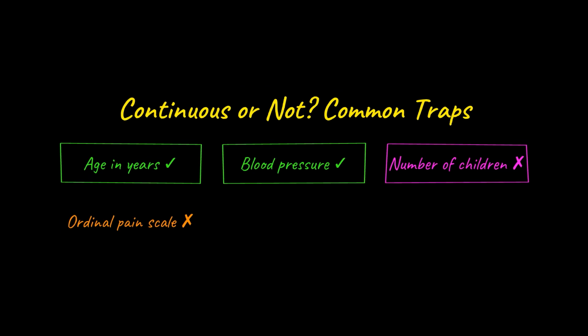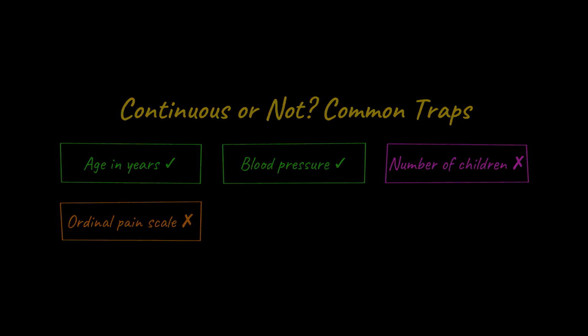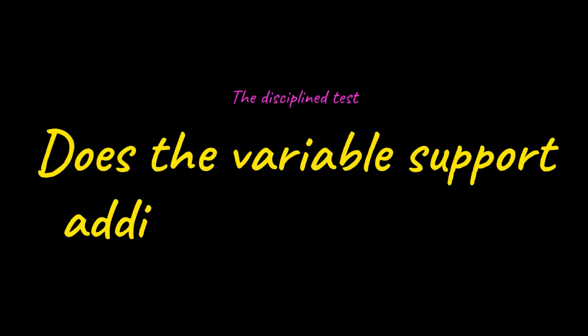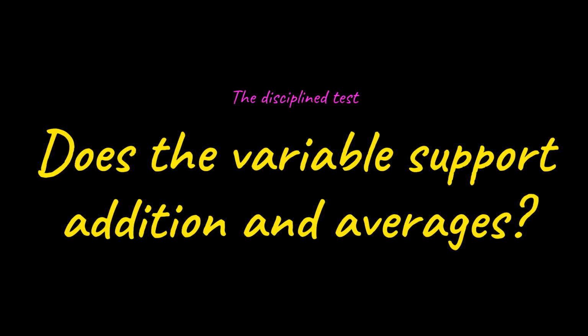And ordinal scales may use numbers, but unequal spacing between levels rules out arithmetic, so they are not continuous either. The quickest check on exam day: ask whether the variable supports addition, subtraction, and averages across a smooth range. If yes, it is continuous. Signal words include measured, recorded with decimals, weight, time, length, and blood pressure.